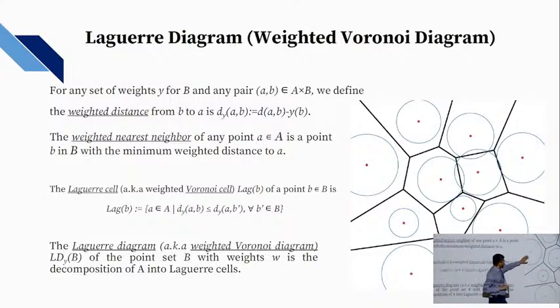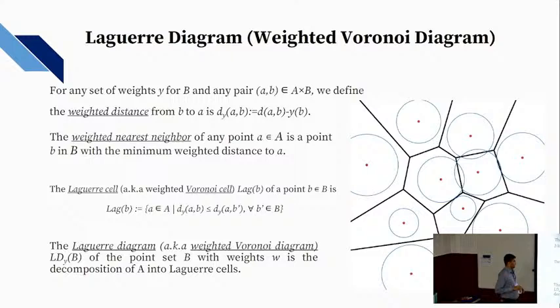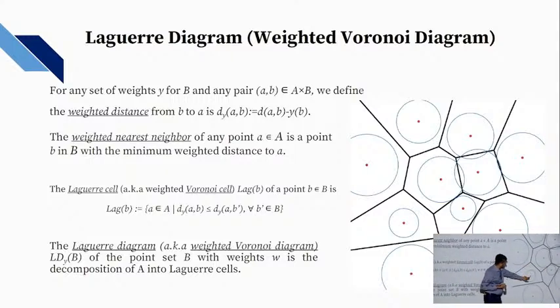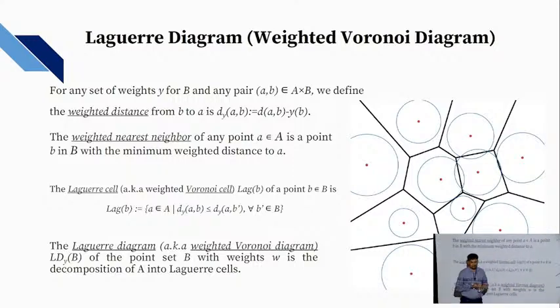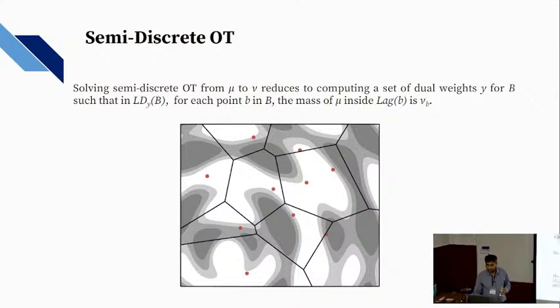So you can partition the entire space into cells, one for each point in B, such that if you look at the points inside of these cells, the weighted nearest neighbor is this particular point.